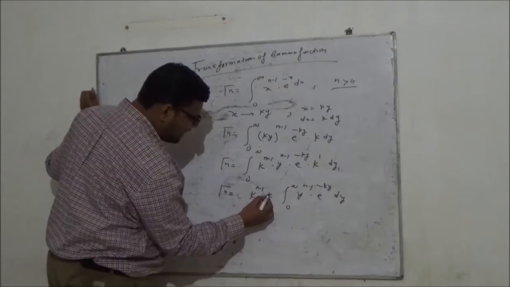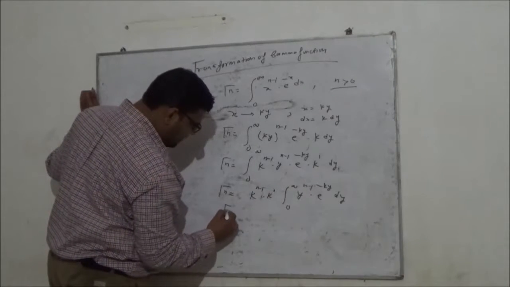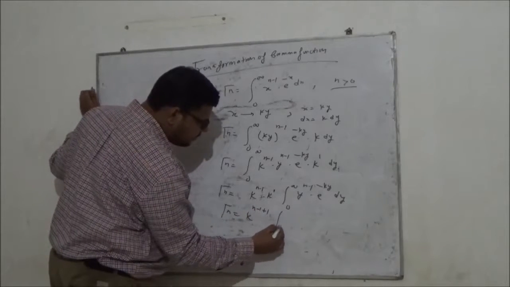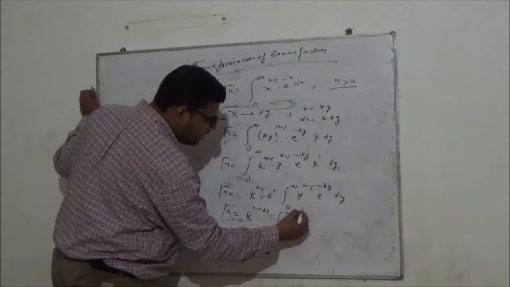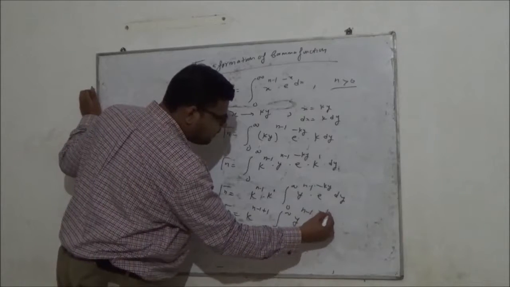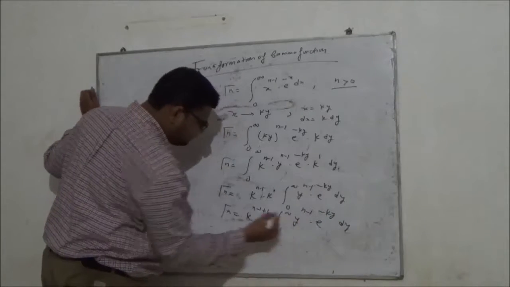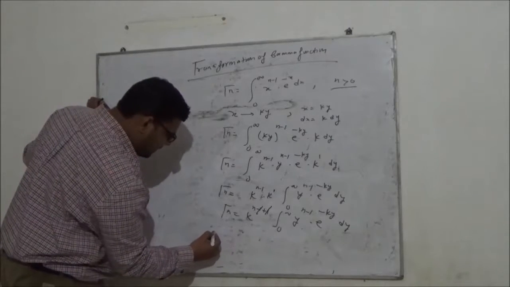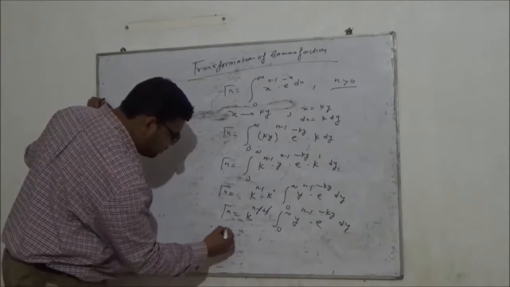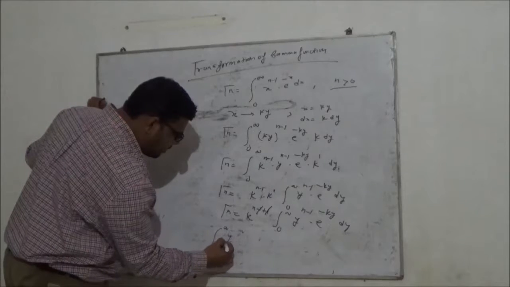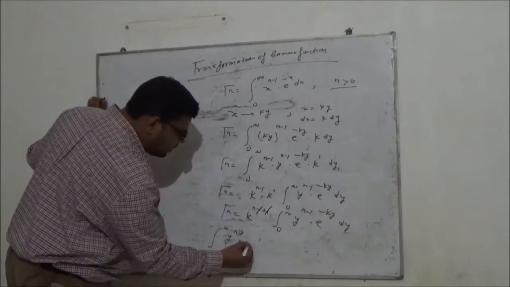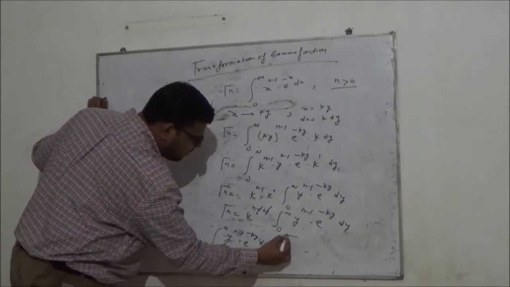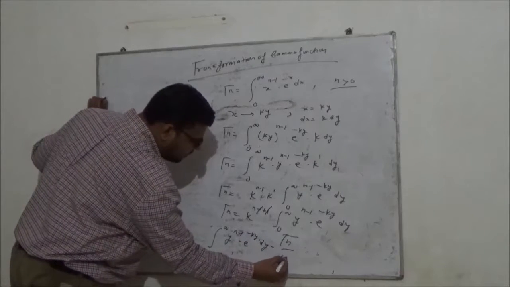Here you can see that k has power 1, so it can be written as k power n minus 1 plus 1 times the integration from 0 to infinity y power n minus 1 dot e power minus ky dy. The 1 and 1 will be cancelled. So we will get integration from 0 to infinity y power n minus 1 dot e power minus ky dy is equal to gamma n upon k power n.